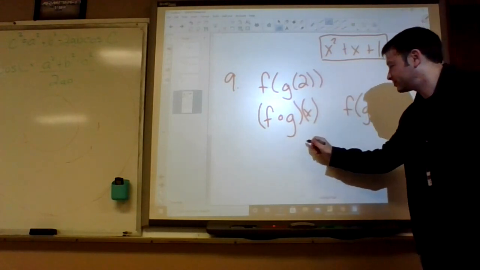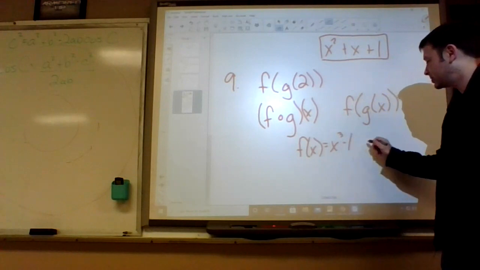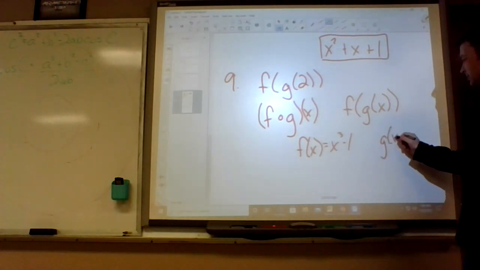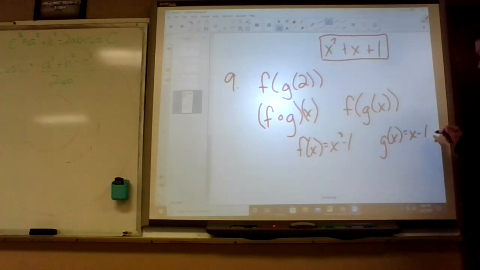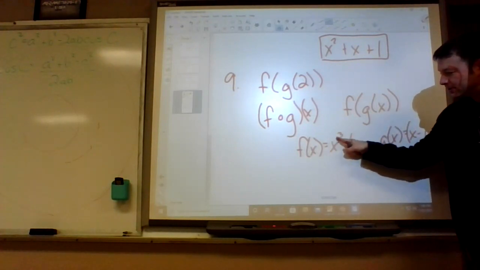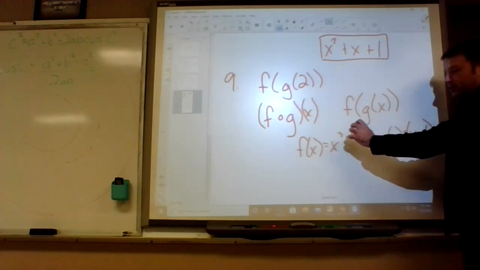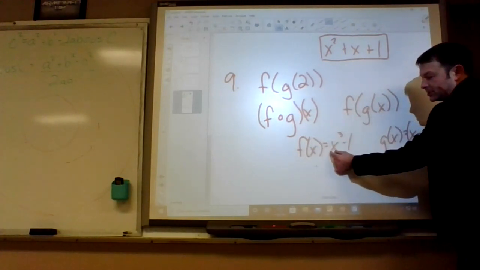So f of x was x cubed minus 1, and g of x was x minus 1. So what you do is you pick up x minus 1 and put it right there into the f function. You put everything that g is and plug it in for x.